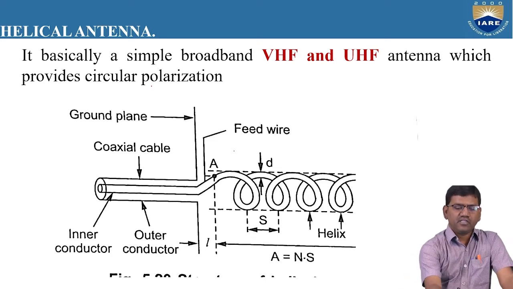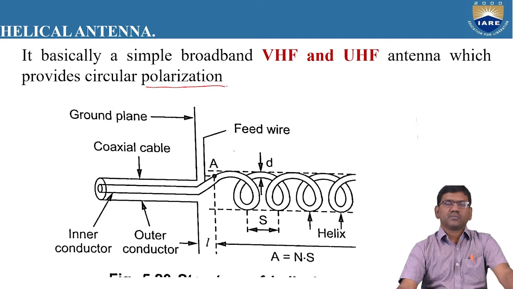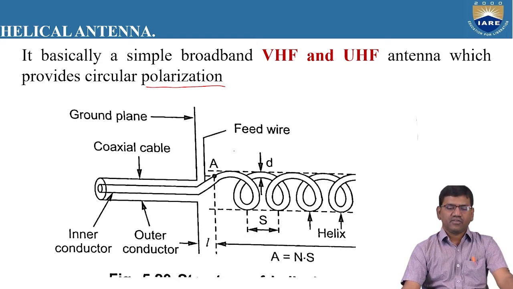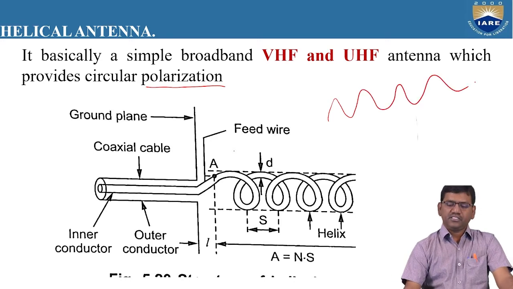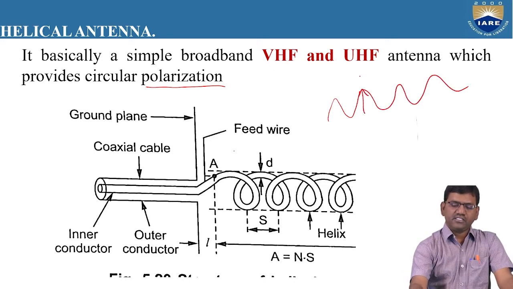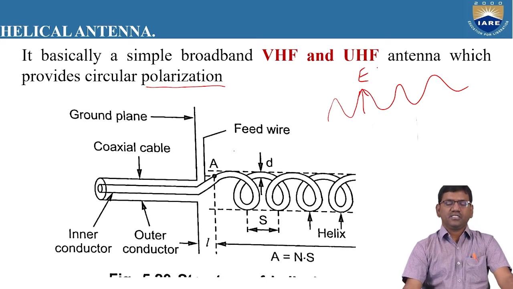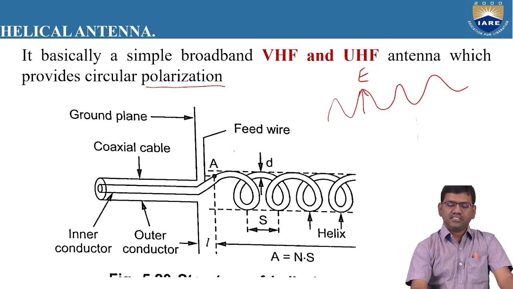So what is the meaning of polarization? Polarization means the orientation of the electric field with respect to the surface of the earth. Here the wave is propagating in this way, which means the electric field is in this direction with respect to the surface of the earth.